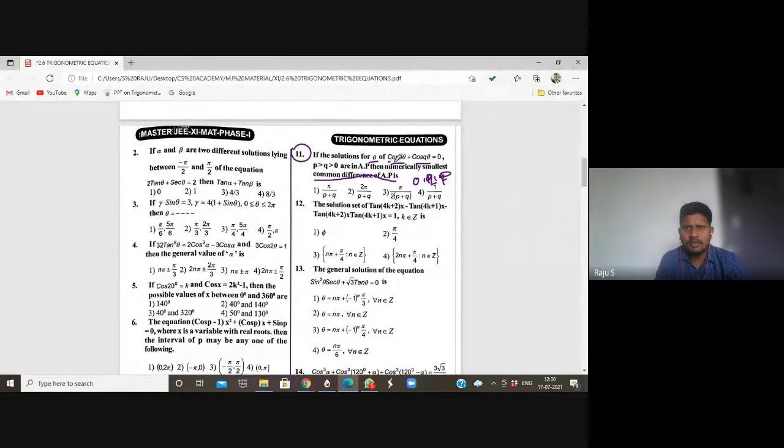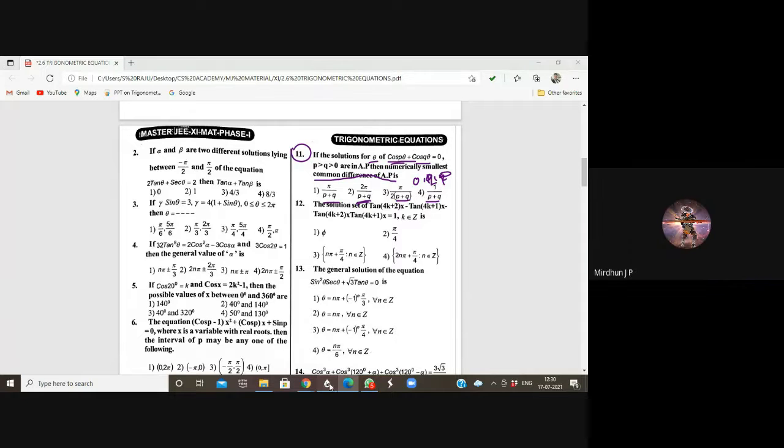They are given one equation, cos p theta plus cos q theta, and the options are in terms of p plus q. See here, where are you going to get p plus q? Here cos p theta and cos q theta are there, so it is not cos of a minus b.